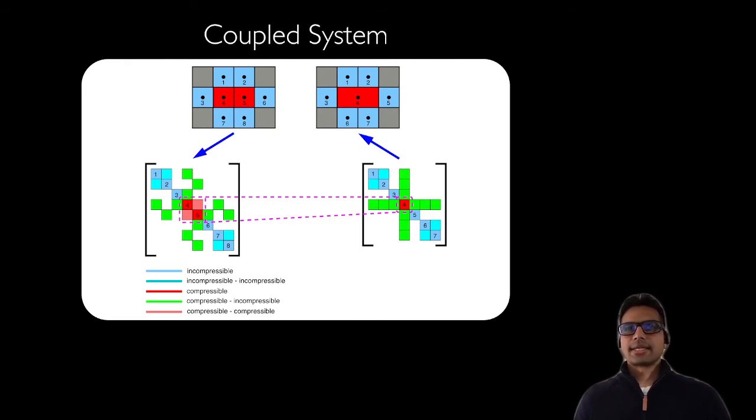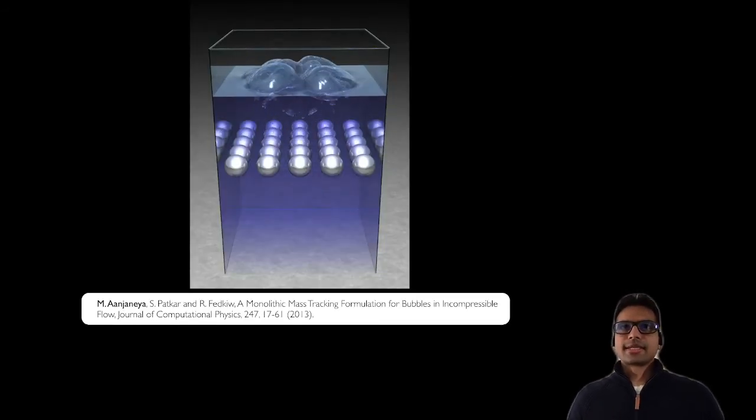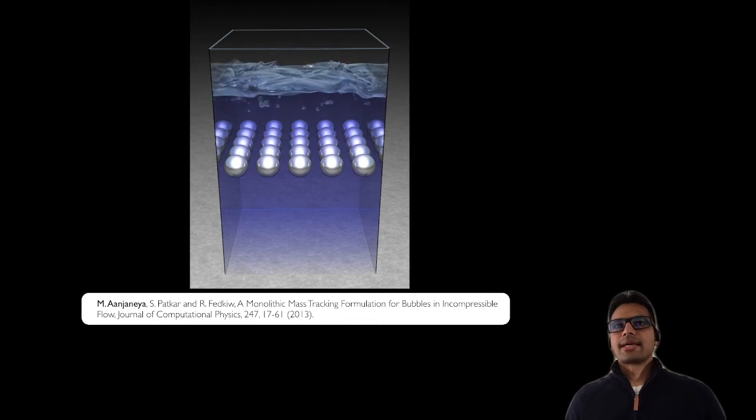And what this does is that in the sparse linear system, it gives rise to a single dense row and a single dense column per bubble, but otherwise preserves the structure of the sparse matrix. So the resulting solver is actually quite robust and nicely captures bubble details.